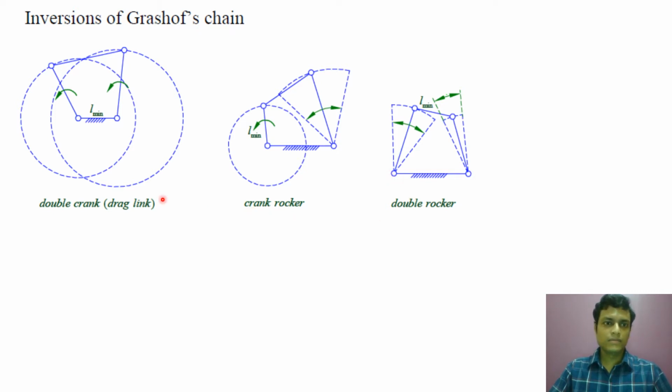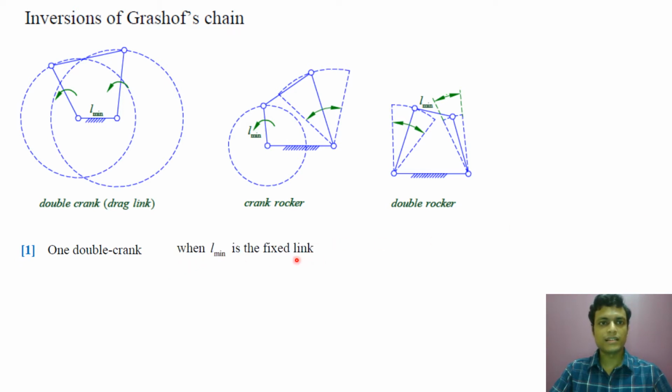Now let me explain once again. We get a double crank mechanism, that is, both the crank and follower can rotate 360 degrees, when L min is the fixed link. So the condition is that L min is the fixed link.